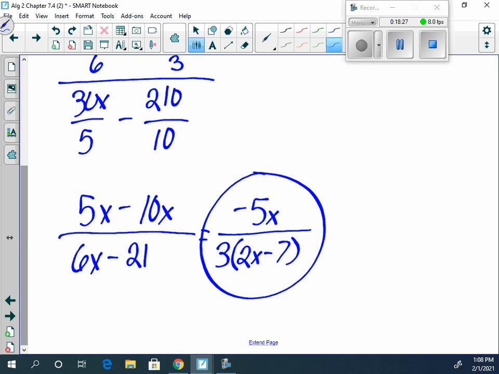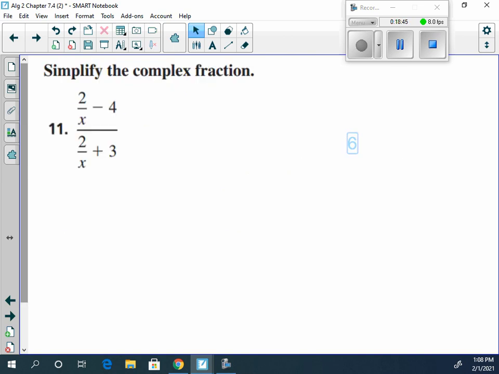And that's as simplified as it gets. Any questions on any of these here? You're ready to look at another one. Okay.